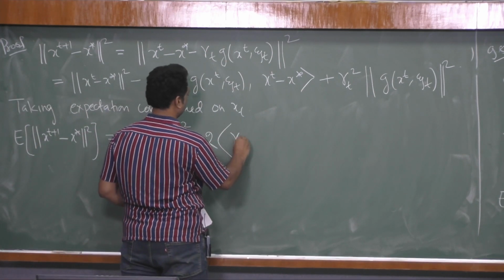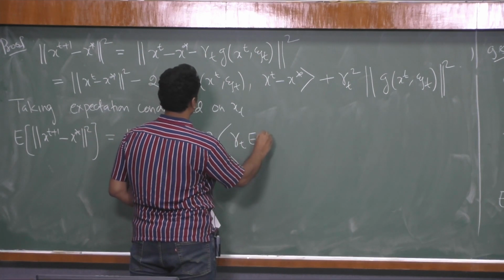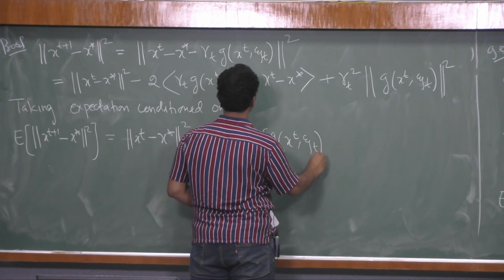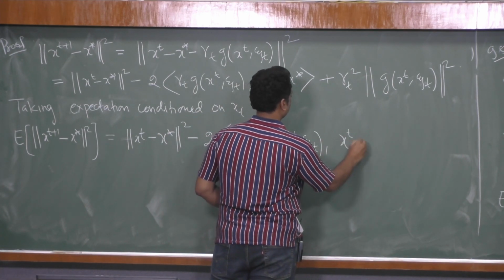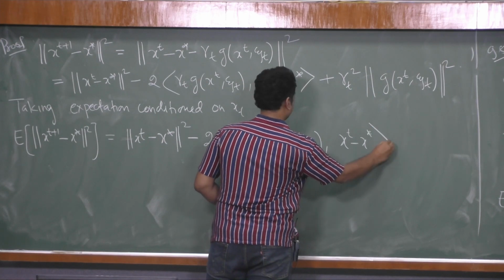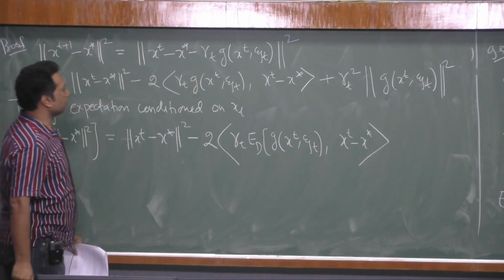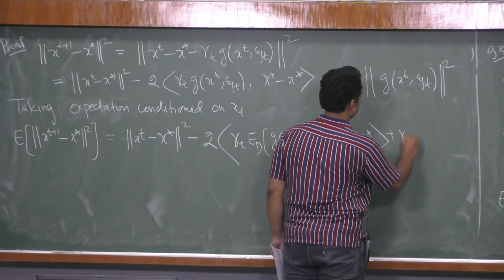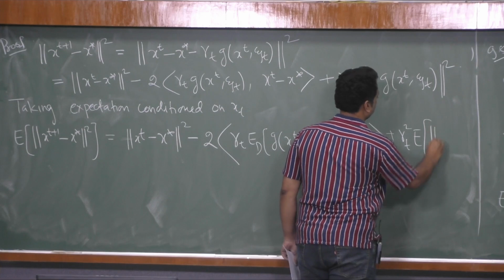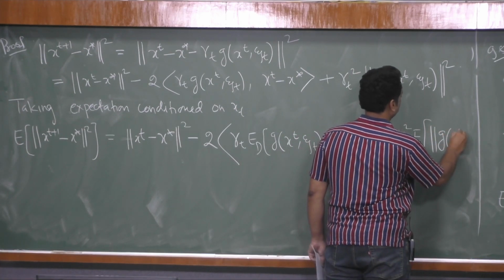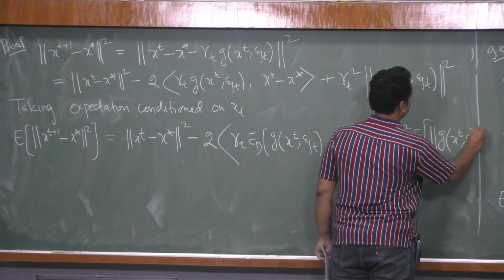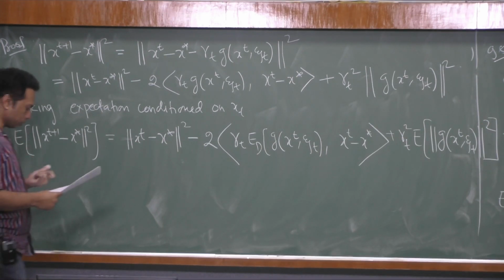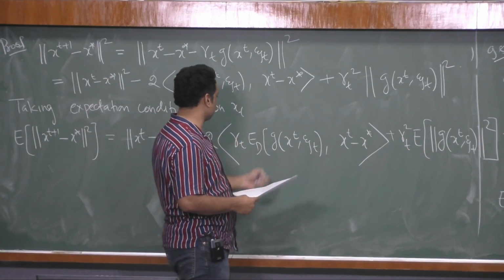So this is gamma t, expectation of the inner product of g(xt, xi t) and (xt minus x star), and then the last term is plus gamma t squared, expectation of norm of g(xt, xi t) squared, and then we will use these two things: less than or equal to G squared, and then stochastic convexity.